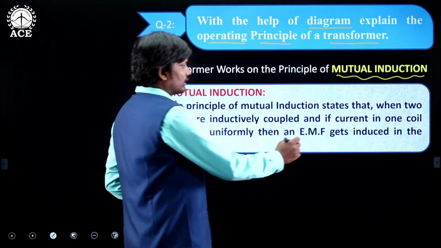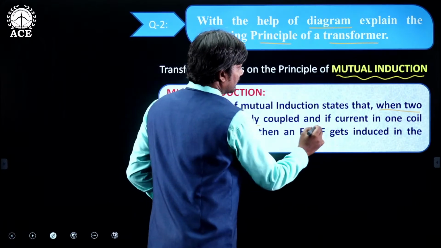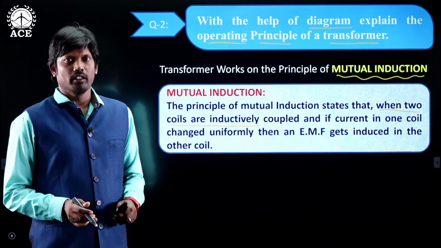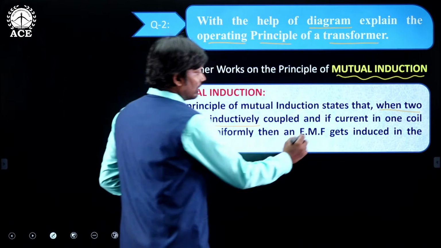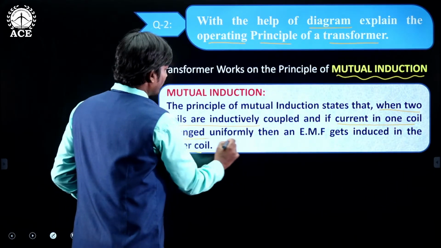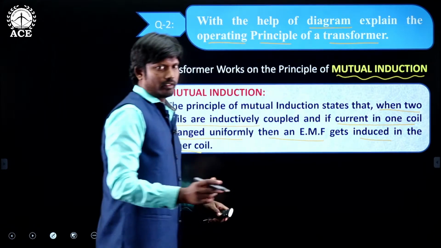When two coils are inductively coupled, if the current in one coil is changed uniformly, EMF gets induced in the other coil.